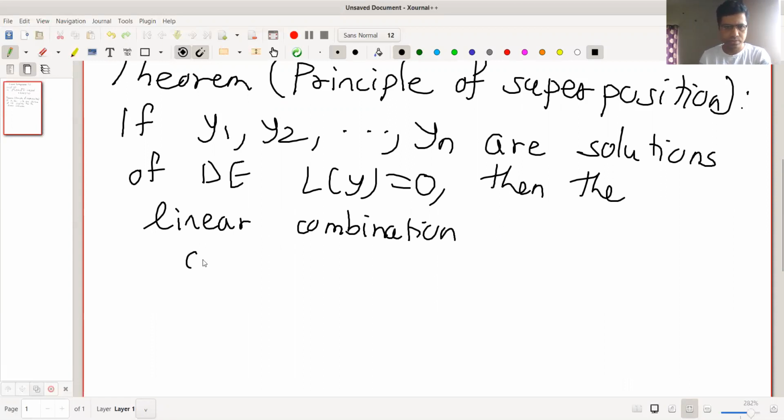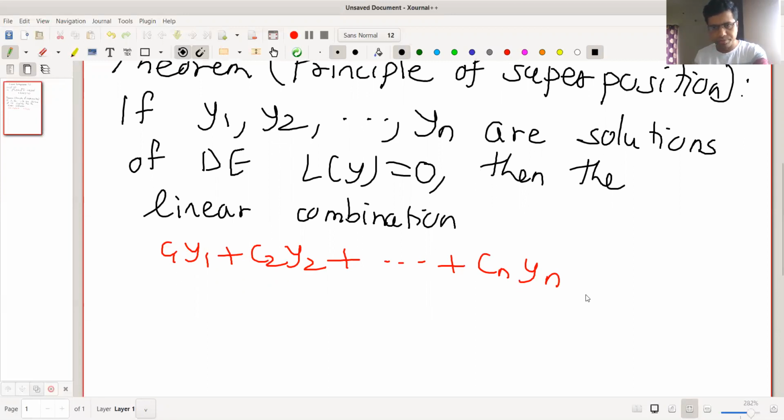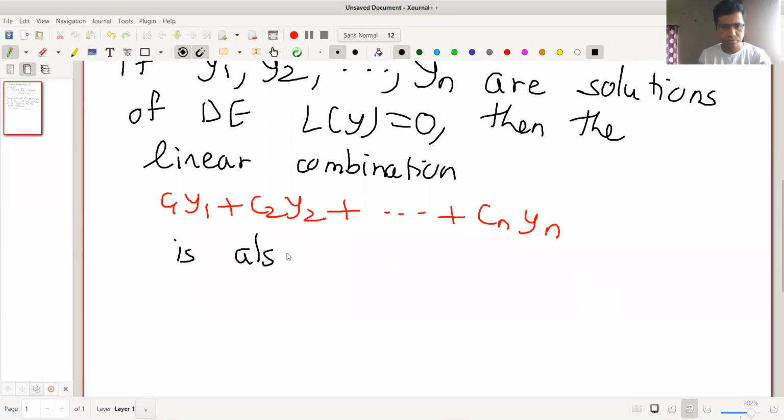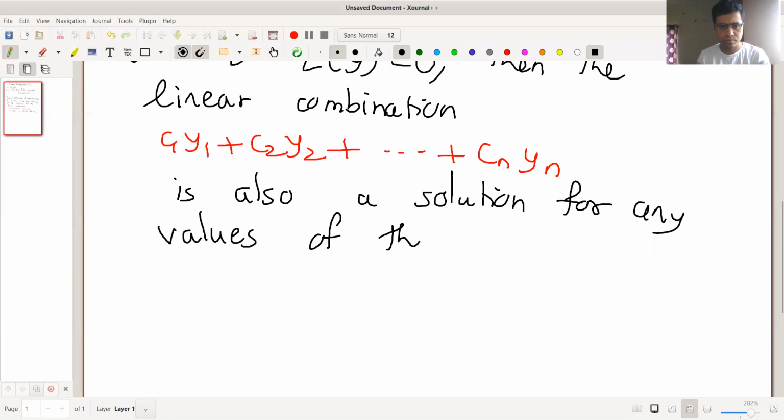C1y1 plus C2y2 plus and so on Cnyn is also a solution for any values of the constants C1, C2, and so on Cn.